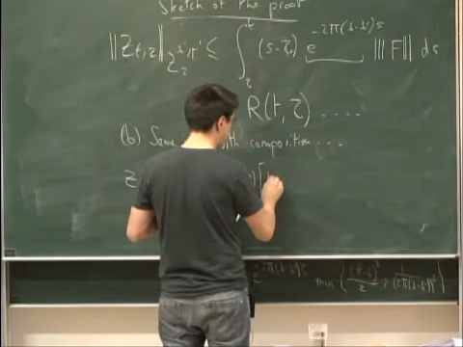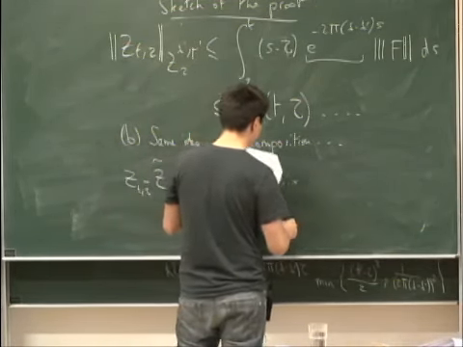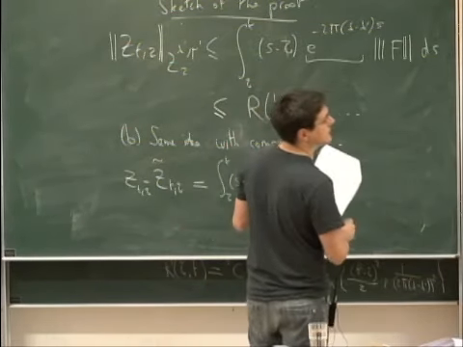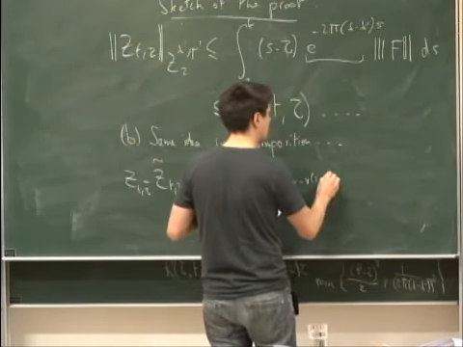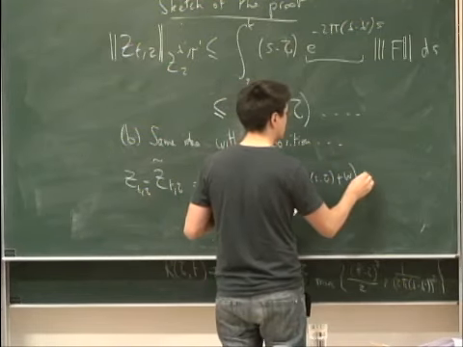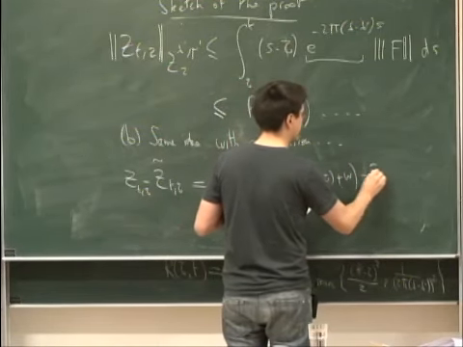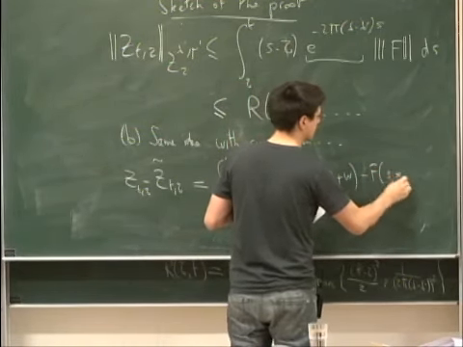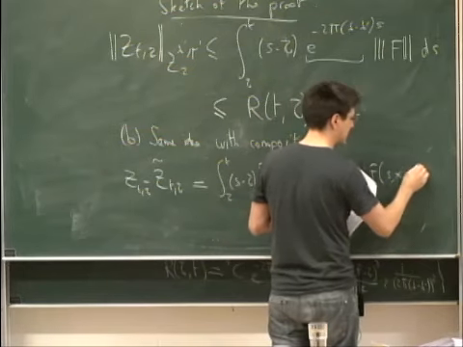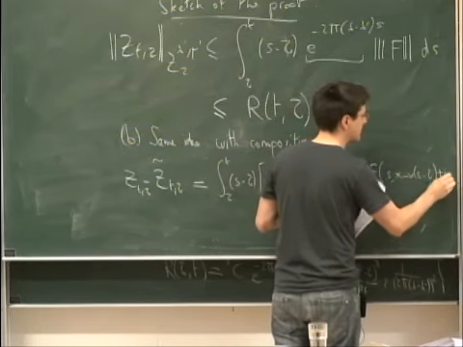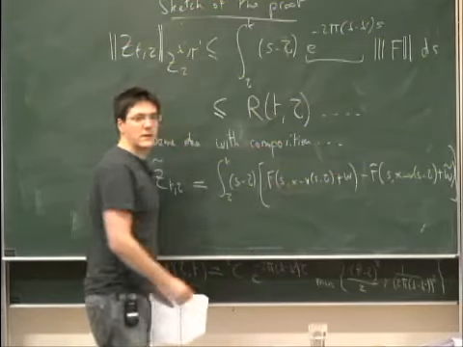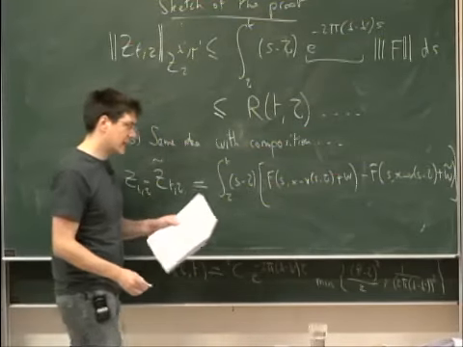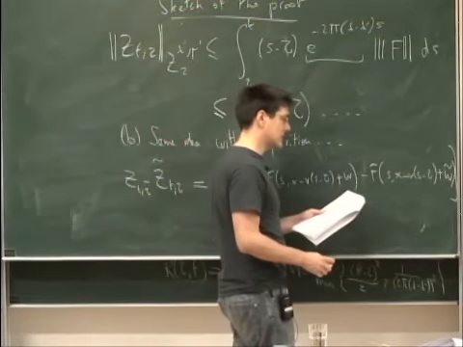Here you have F of x minus V S minus tau plus W, then you have minus F of x S x minus V S minus tau plus W tilde. Then you do a Taylor integral here, and then you apply the decomposition estimate.